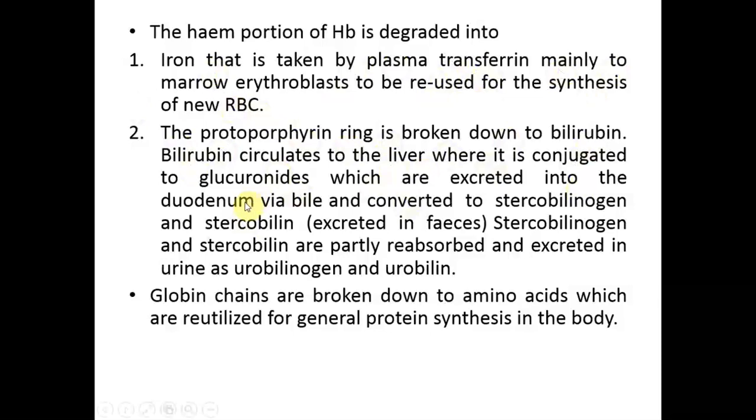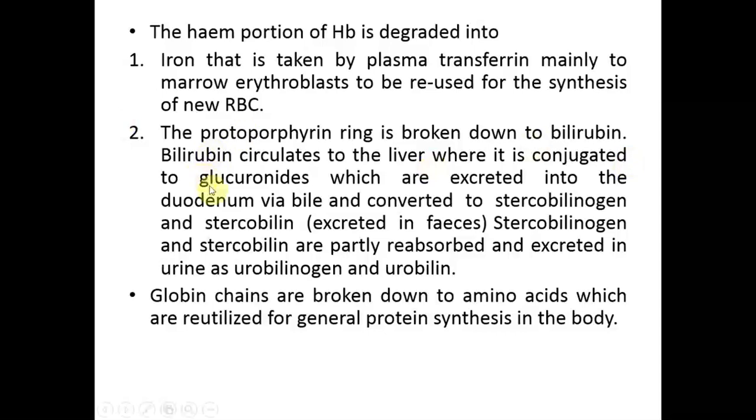It goes down and is converted into stercobilinogen and stercobilin and excreted in the feces. I don't know if you have taken the bile cycle, the indirect bilirubin and the direct bilirubin. This is the main pathway of bilirubin that results from the breaking down of the porphyrin ring.